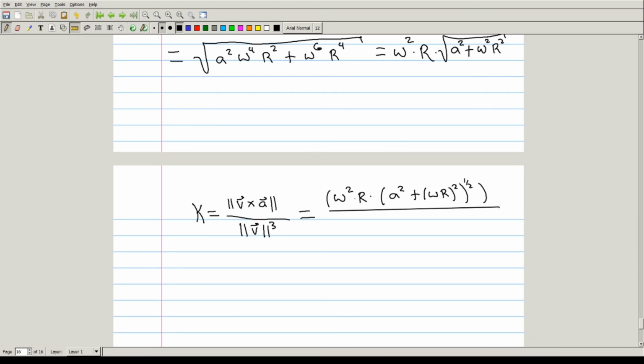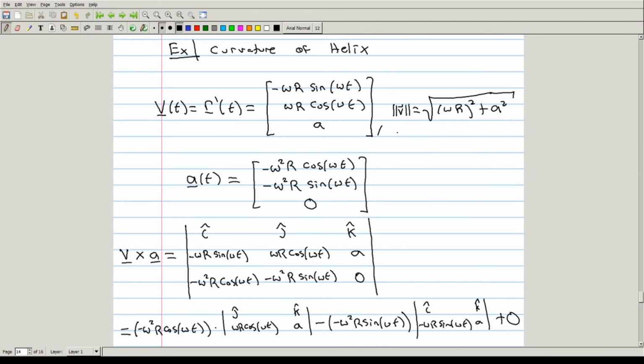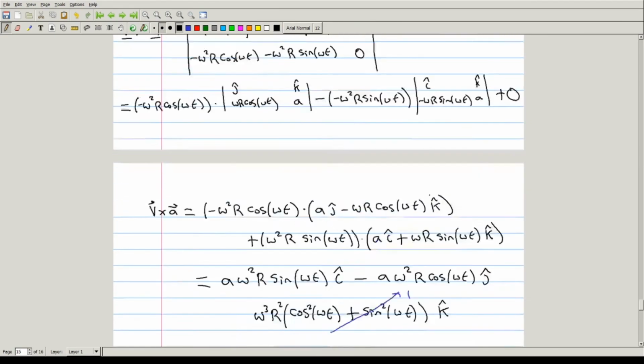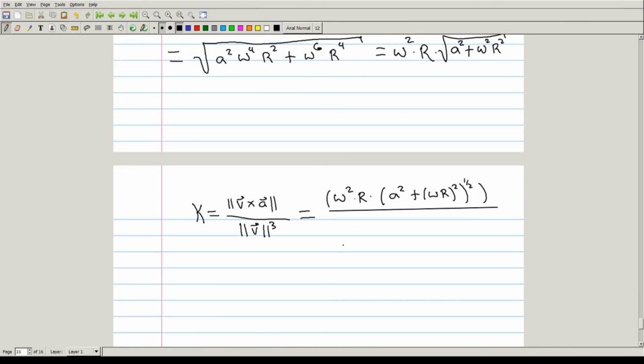divided by the velocity cubed, and the velocity for the helix, remember, was A squared plus omega R squared to the 1/2. So if we cube that, it's the same thing as A squared plus omega R squared to the 3/2.